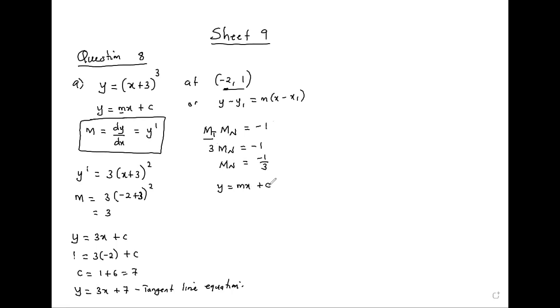I can now use this one. So that will be y minus y1 is equal to m(x minus x1). So we'll have y minus, we pick the point, y1 is 1, is equal to -1/3 times x, the x remains there, minus -2.